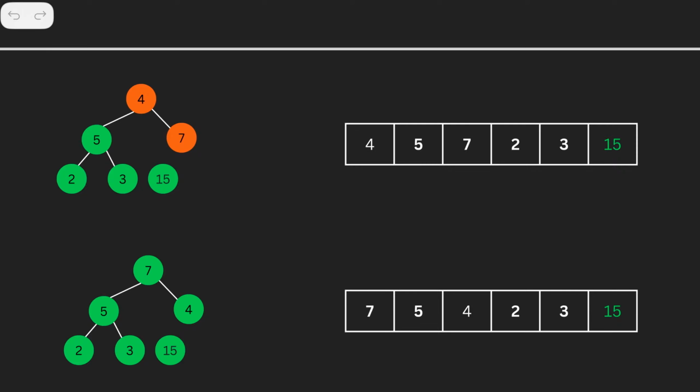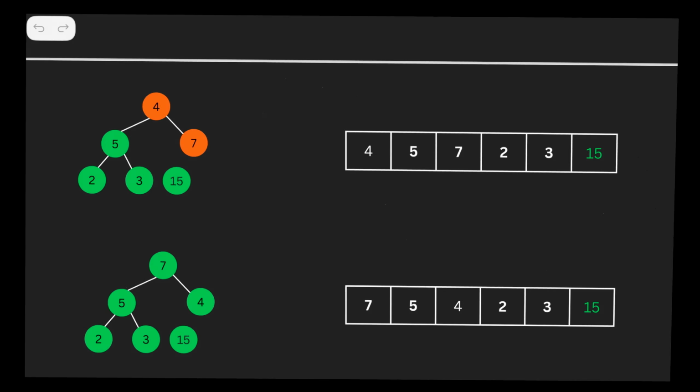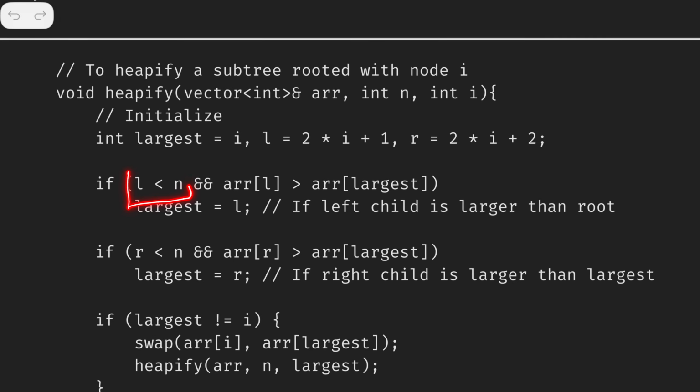If you look at my heapify code from the previous video, a video on heap data structure, you can clearly see in heapify operation that we have this check. Left should be less than n and r should be less than n. By controlling the value of n, we can control which portion of the tree we are going to heapify.